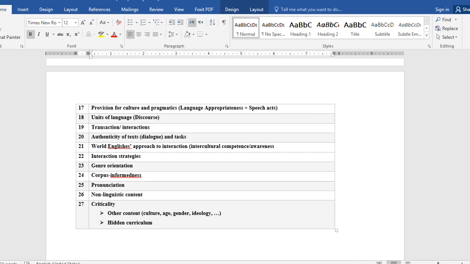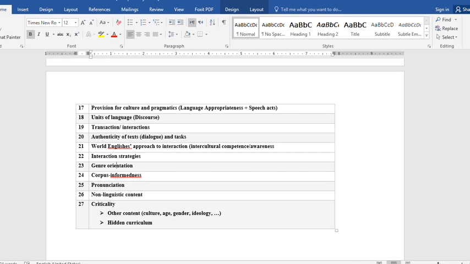For example, if the materials is on reading comprehension, so reading comprehension of journalistic text is different from reading and comprehension of encyclopedic texts. So the genres are different.